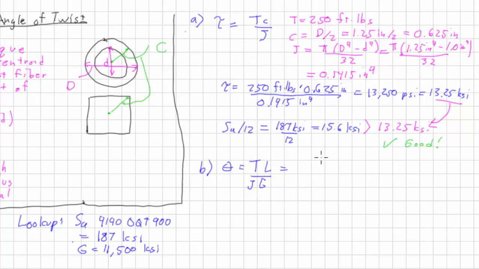And we'll just plug these right in here: 250 foot-pounds times 6 feet, all over J, which we calculated out here to be 0.1415 inches to the fourth, times G, which is 11,500,000 psi.